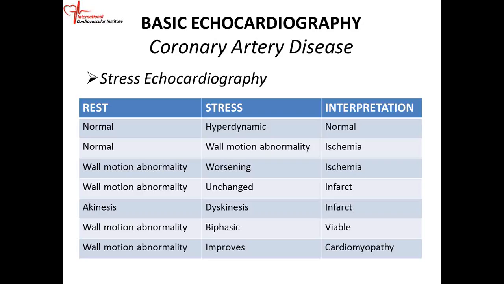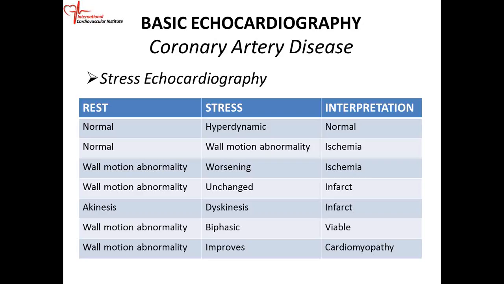So with the dobutamine stress echo, you're going to get 4 images. You're going to get resting, low dose, peak, and recovery. Okay? And you're going to compare all of them.